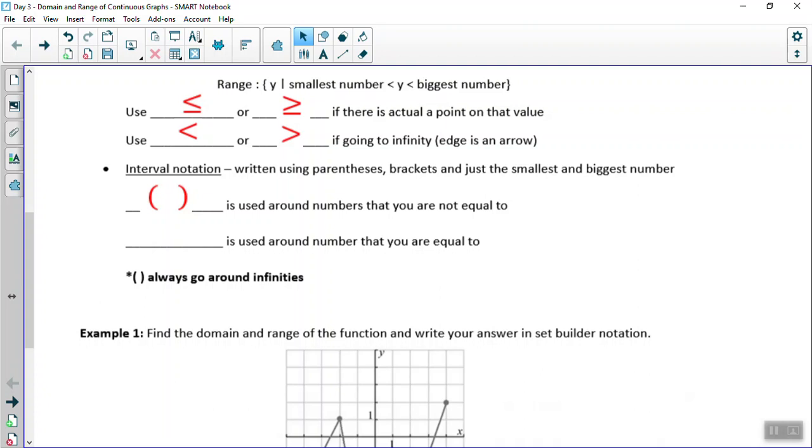So kind of like using the less than or greater than symbols. The brackets are used around numbers that you are equal to. So when we include that line underneath. Okay? Parentheses always go around infinities because we never actually reach that number.